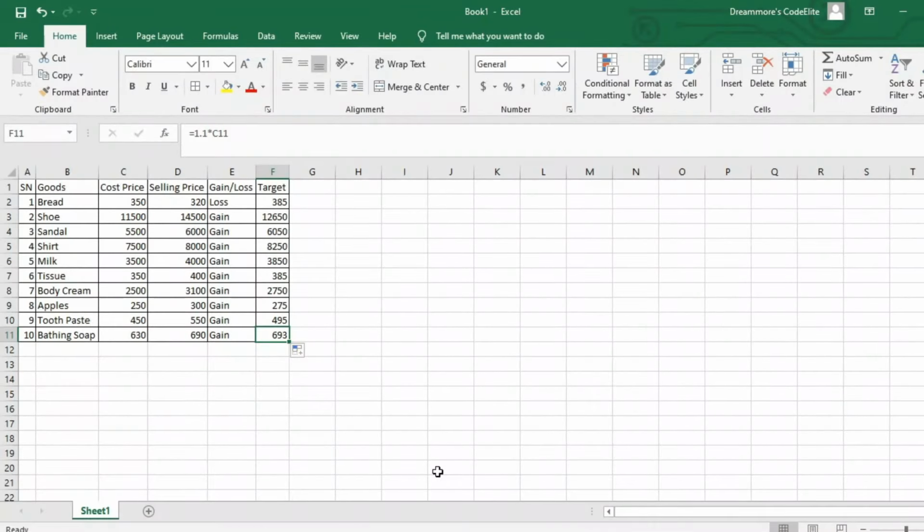So when we see that the selling price is equal or higher than the target, we will say they met target. Else we will say they did not meet target. In this case, they did not meet target because they sold at a loss.